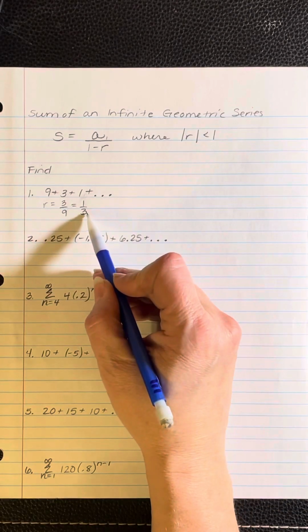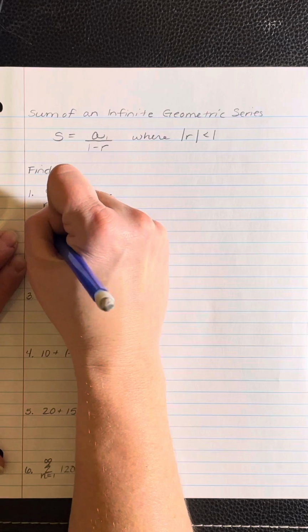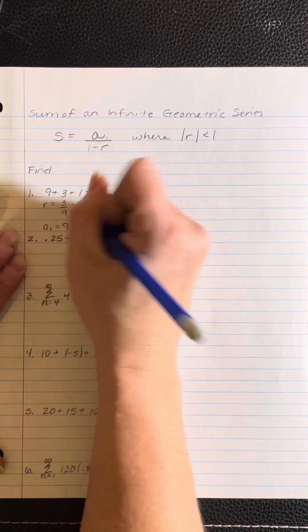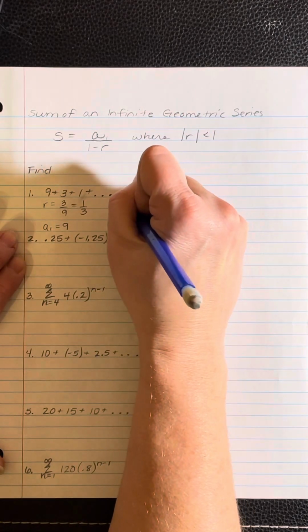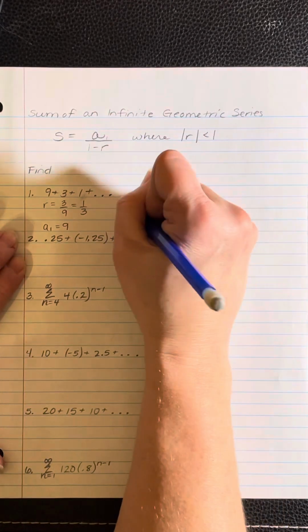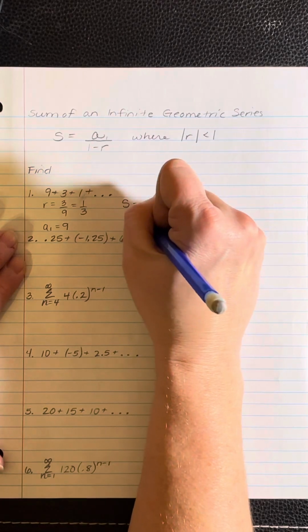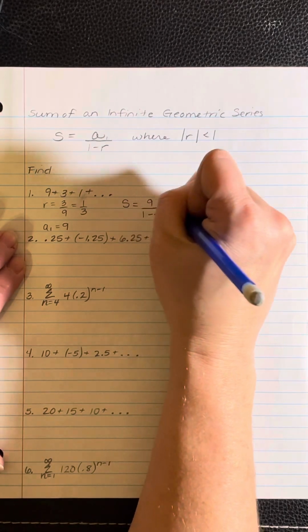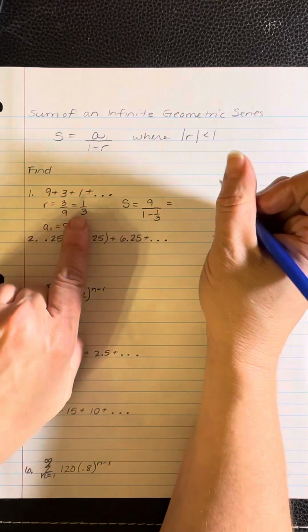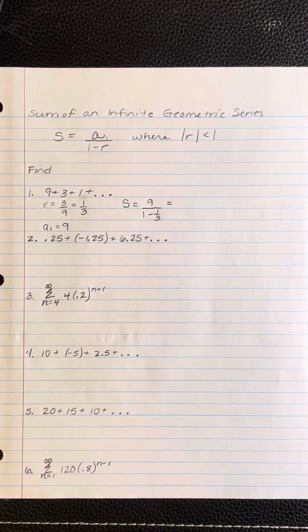So I've got my R, and my first term, my A sub 1 is equal to 9. So the sum of the infinite series, because it's dot, dot, dot, so it means it goes on forever, is going to be 9 divided by 1 minus 1/3. And this common ratio is less than 1, so we can use that formula.